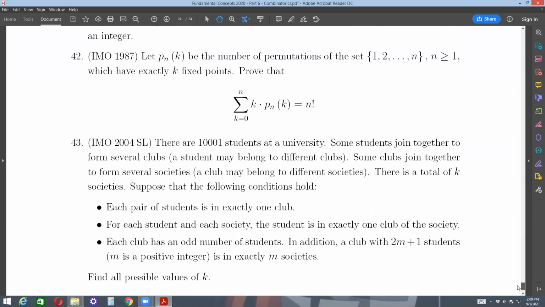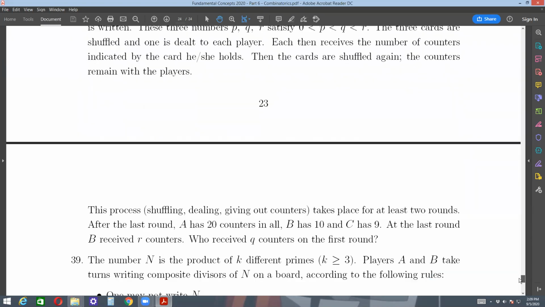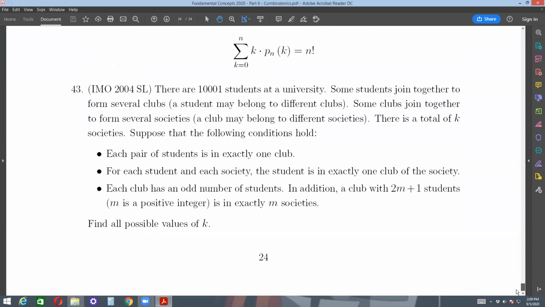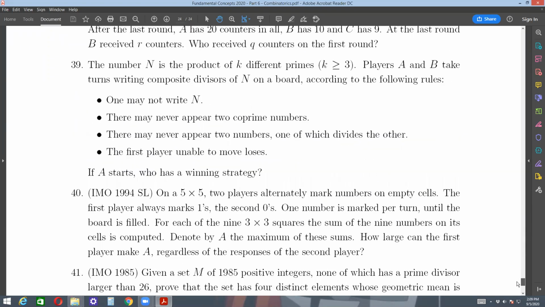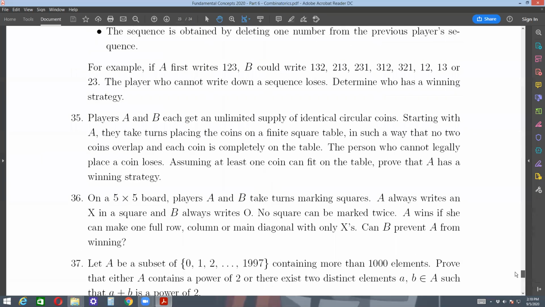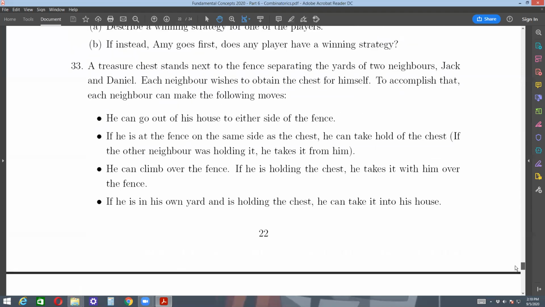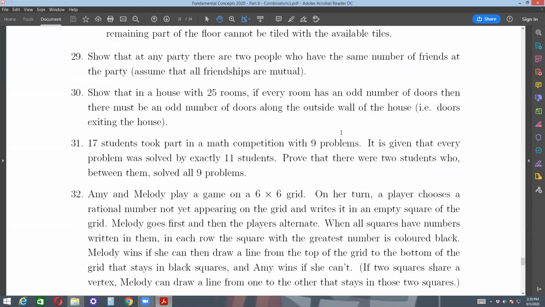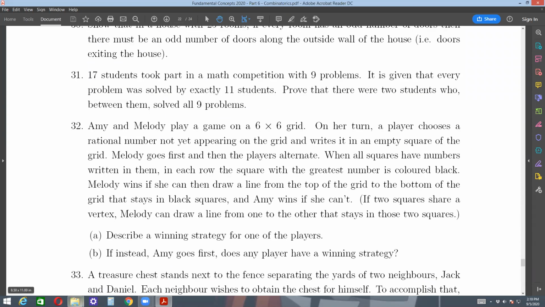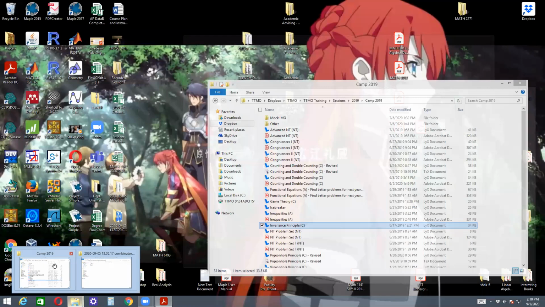I think it's near the end. Okay, it's probably better if I look at the solutions and try to find this.